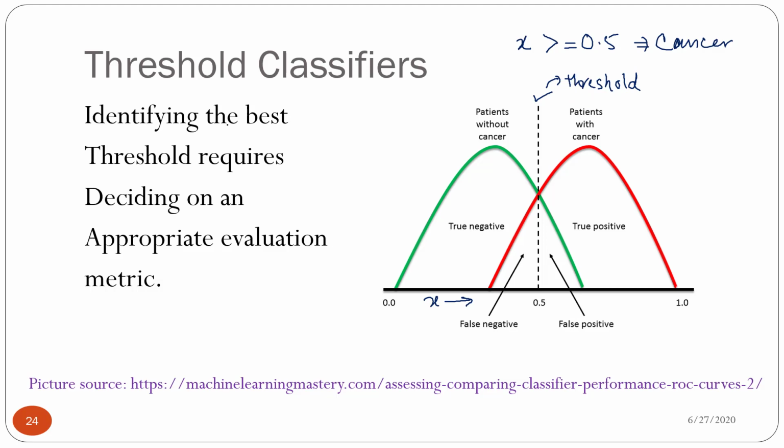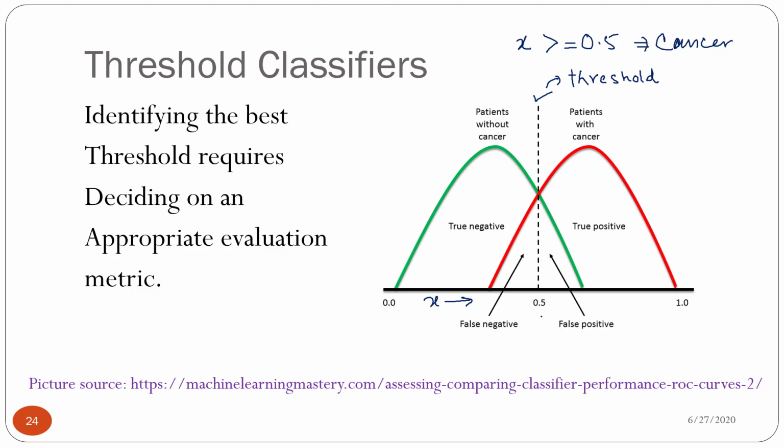Okay, let me erase that, it's not very clear. Threshold. Threshold means a value which a classifier is using to determine whether that sample corresponds to the cancer case or non-cancer case.